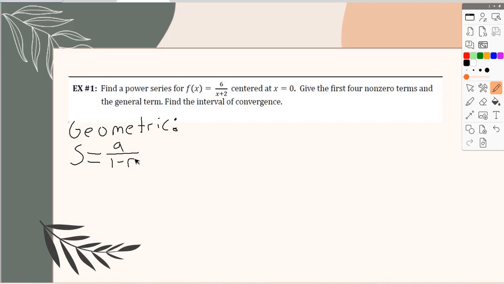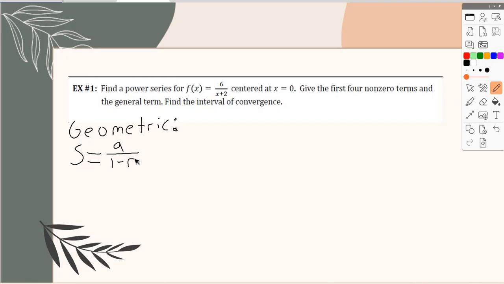And remember that we're trying to write a sum or a series to represent this f of x. So in other words, I want my f of x to equal that. And the reason we picked this is because notice that I already have something that looks fairly like what the right side equals. And so this is why we chose the geometric, to manipulate what we have to look like that.